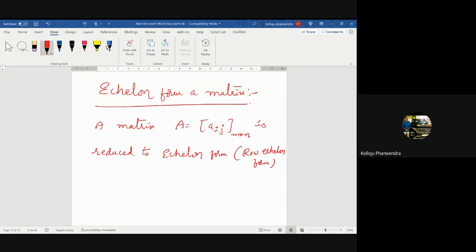In particular, this is called row echelon form if it has the following properties, or satisfying the following conditions.